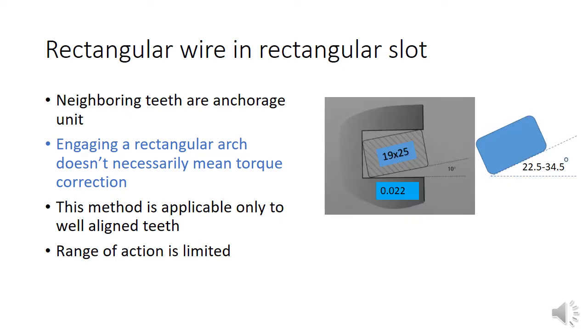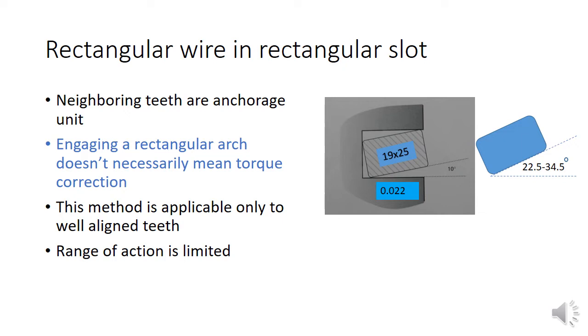If one considers the range of clinically effective torque to be between 500 and 2000 gram millimeters, this range can be attained at 22.5 to 34.5 degrees with a 19 by 25 inch stainless steel arch wire in a 22 slot bracket to generate enough moment to correct the torque of the tooth.